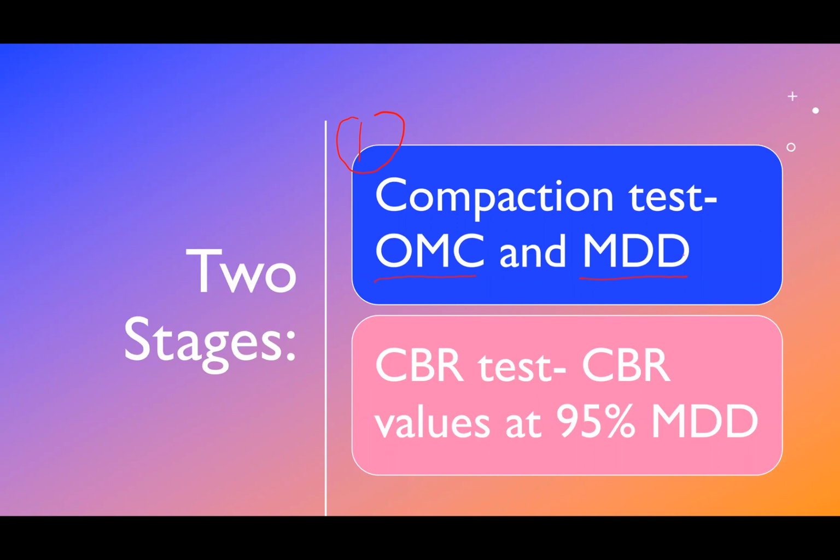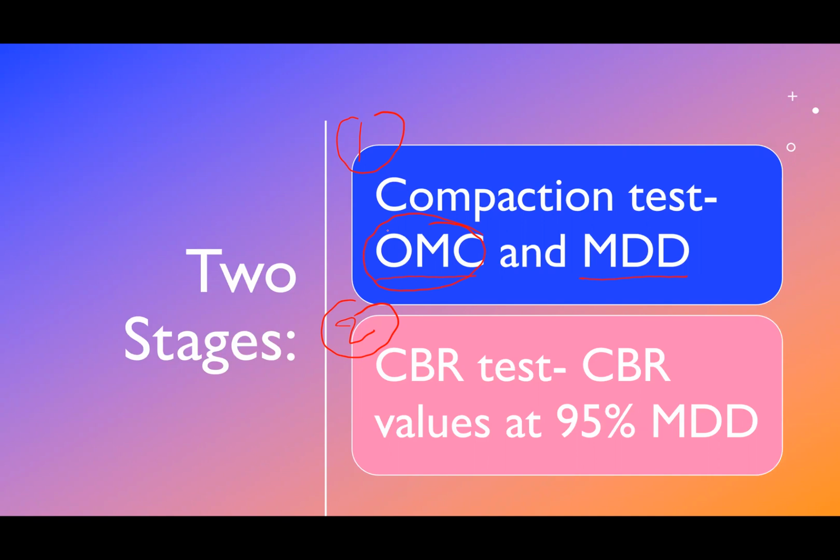Once we know the OMC and the MDD from the compaction test, we move into the second stage, which is the CBR test itself, where we need to prepare sets of samples prepared at the optimum moisture content.